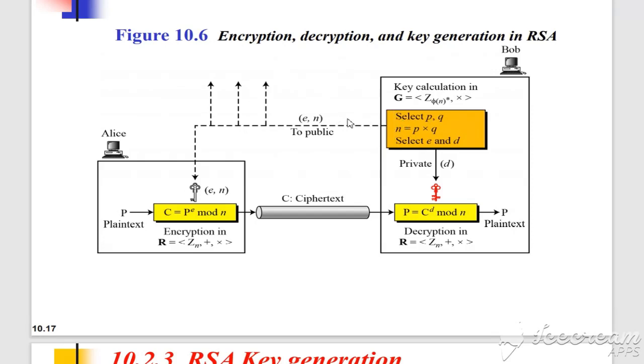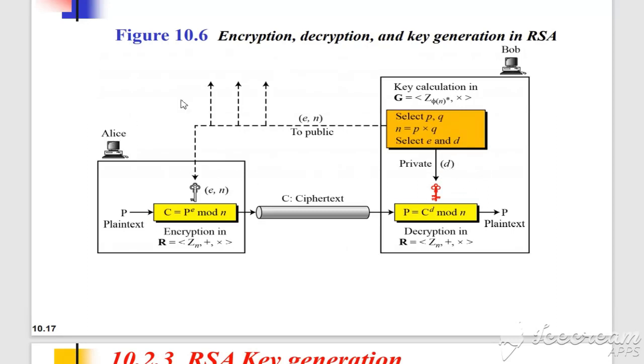He will make E and n public, so that anyone who wants to send a message to Bob can use E and n to send the message. And he will keep D private, so that he can decrypt the cipher text with the help of that private key.